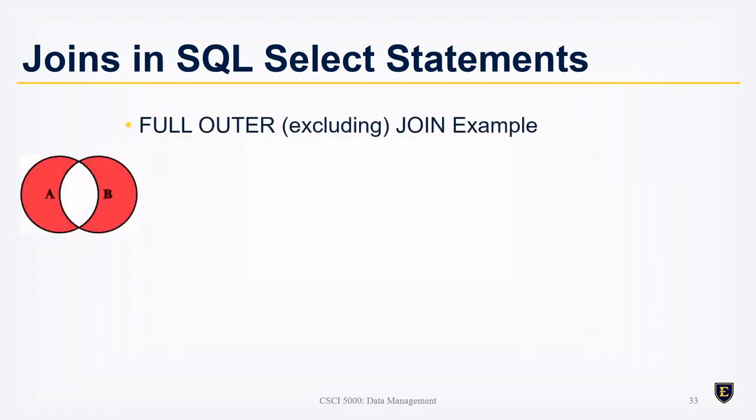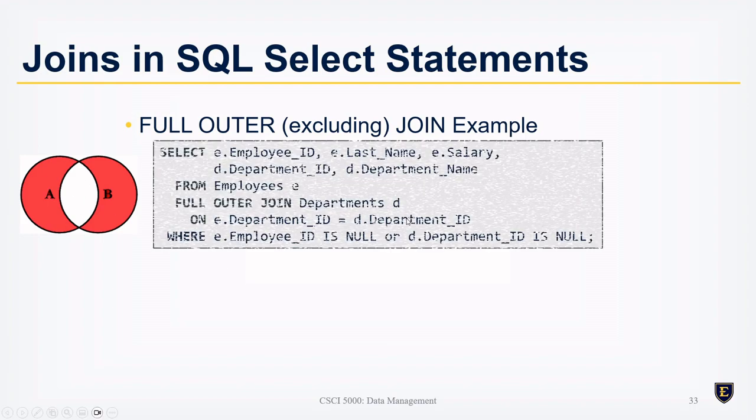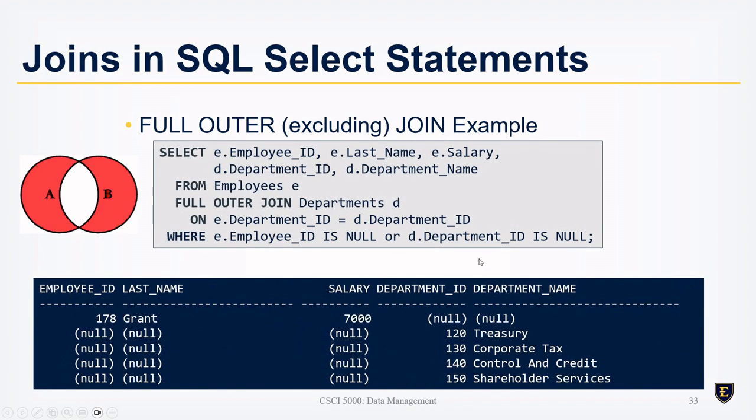You can also do an excluding full outer join where you do not include the things that match. And again, sometimes that is useful. And notice the way you would do that is to enter where the employee ID is null or the department ID is null, either one of those situations.